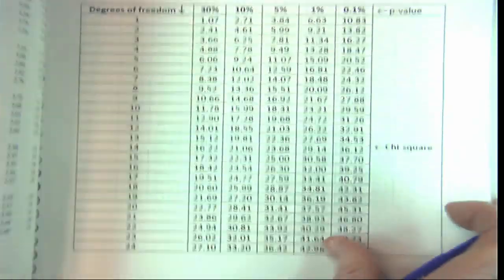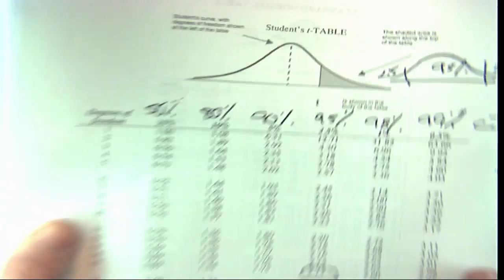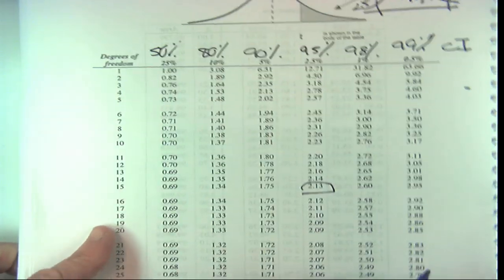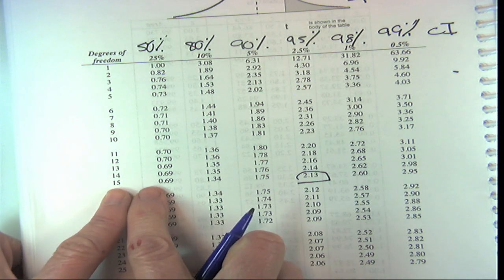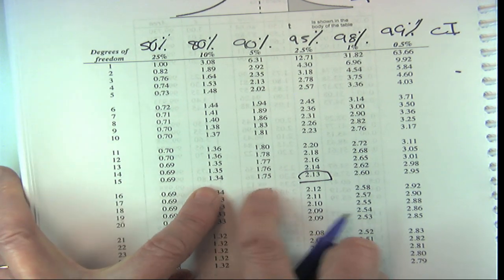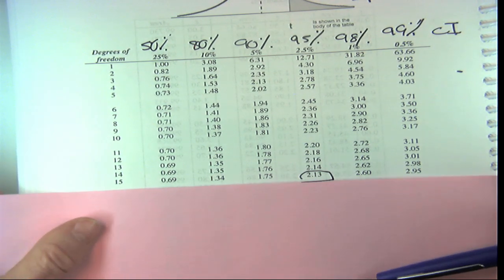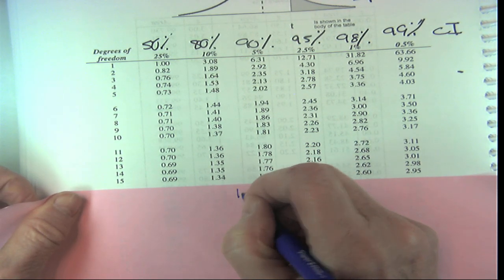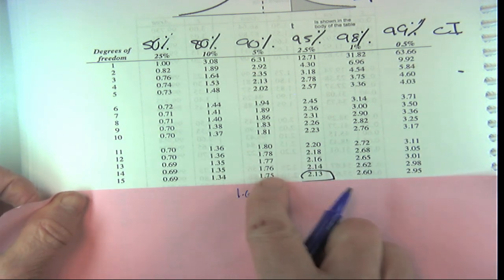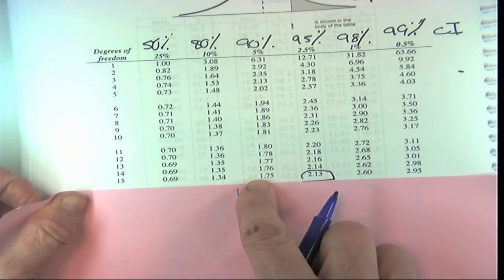Now, if I did want to look at what you're going to have on your exam, I'll show you. I'd look for 15 degrees of freedom here, and I'd just look at this line right here, and 1.67 is right in between those two.